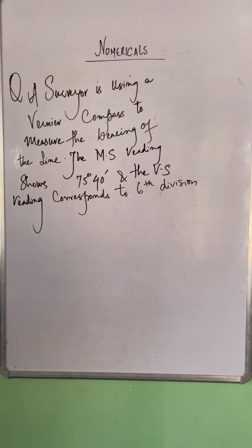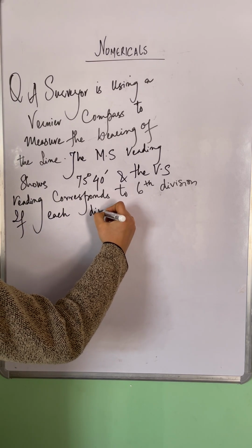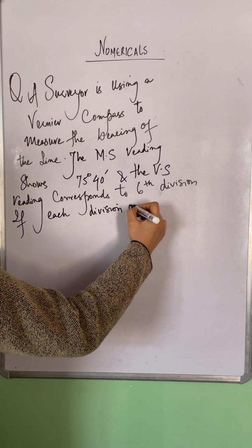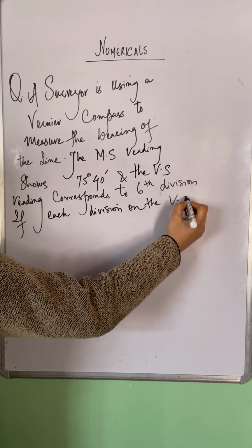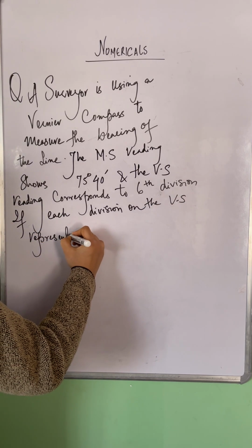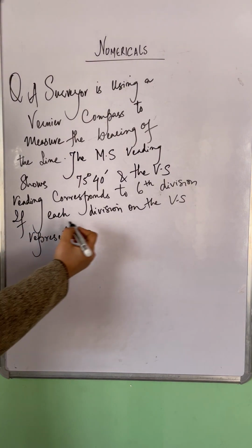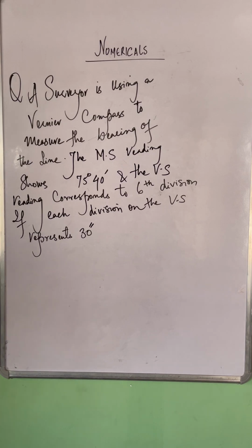If each division on the vernier scale represents 30 seconds, what is the total bearing of the line?